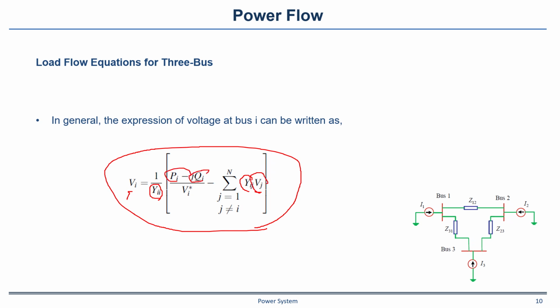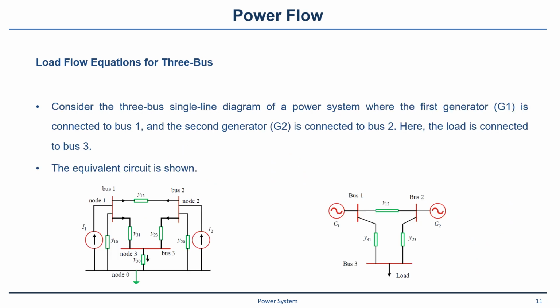Based on the slack bus, PQ and PV bus bars, normally we only know two of them. So this is an equation with two unknown values, actually one here and one of these three. This is the reason that we cannot solve these equations without power flow methods, which we will have in the next lectures.